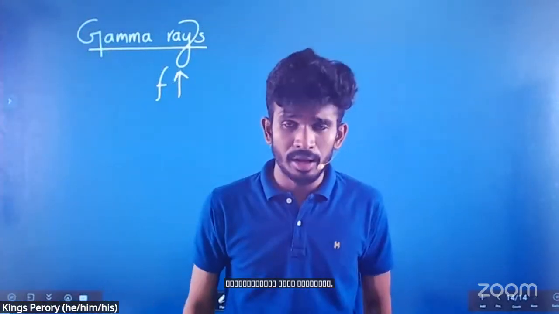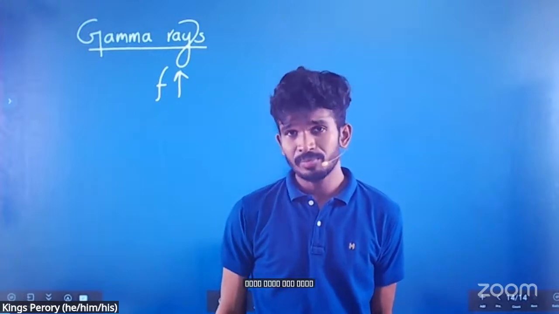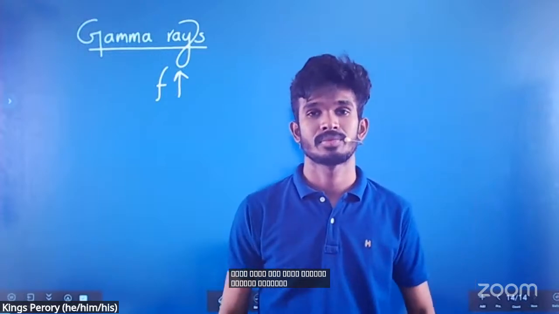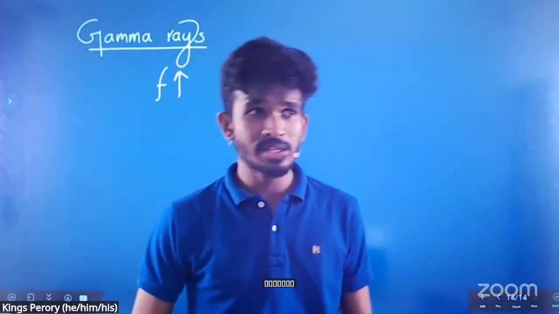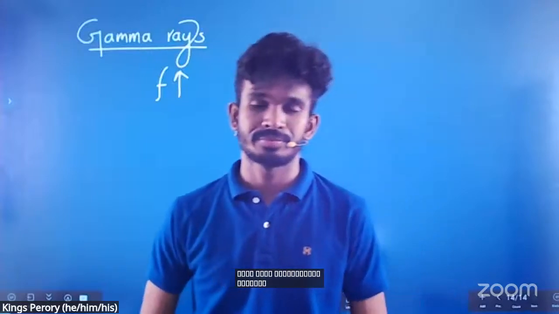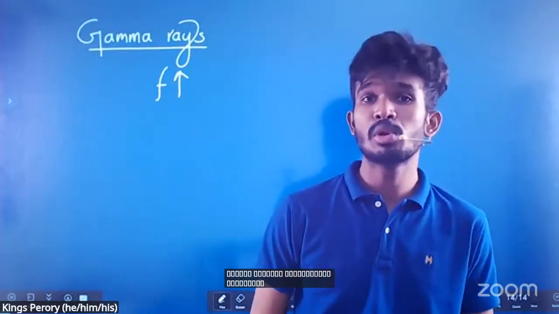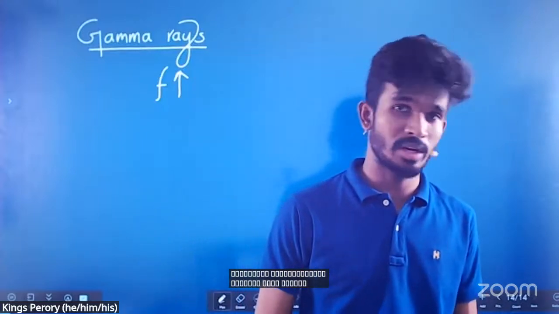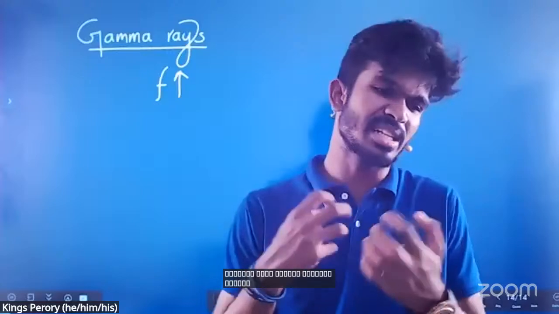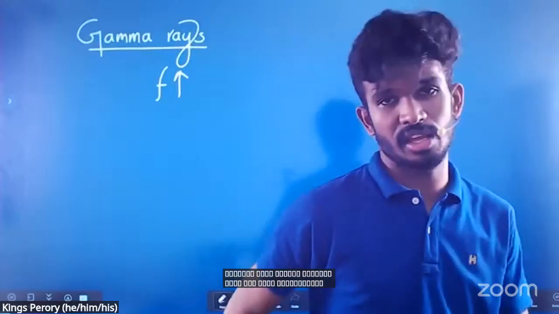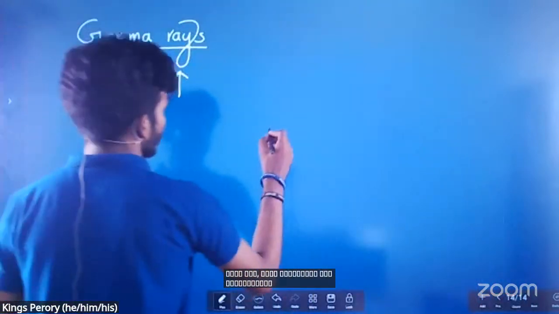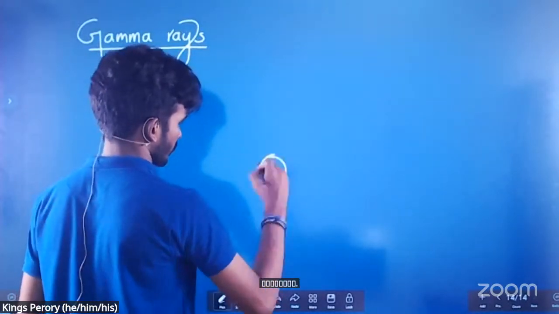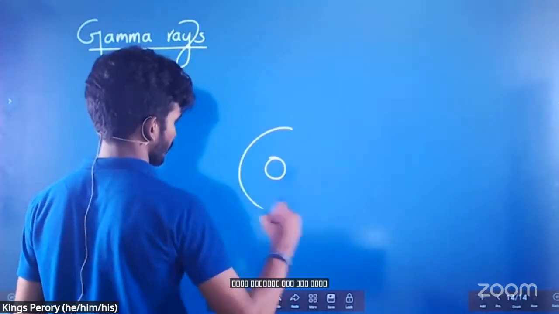Now, gamma rays are emitted by radioactive elements. There are some elements called radioactive elements: uranium, plutonium, radium. They are very unstable; their nucleus is unstable.